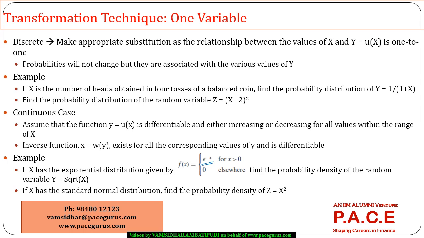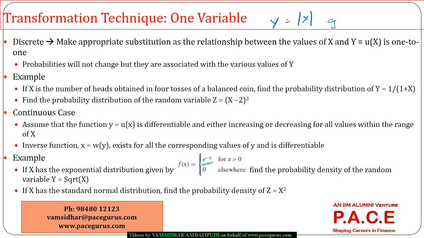But I can think of transforming x to z, wherein first I can find an intermediate variable, which is y equal to mod x, and use that. When I want to find y equal to mod x, we have already done this earlier.